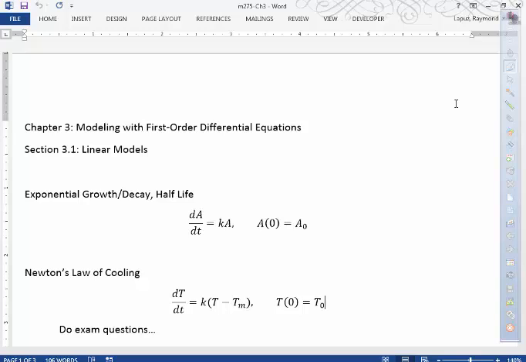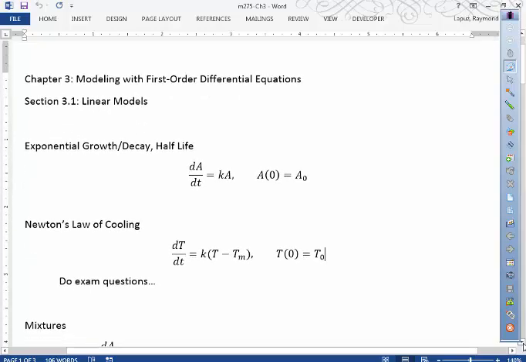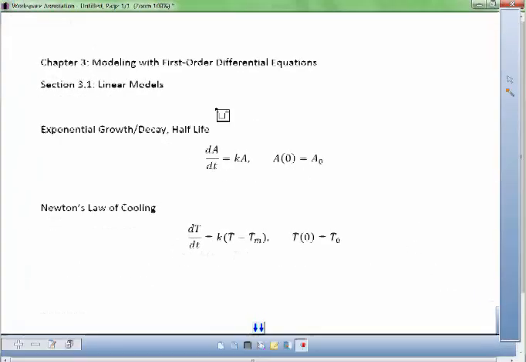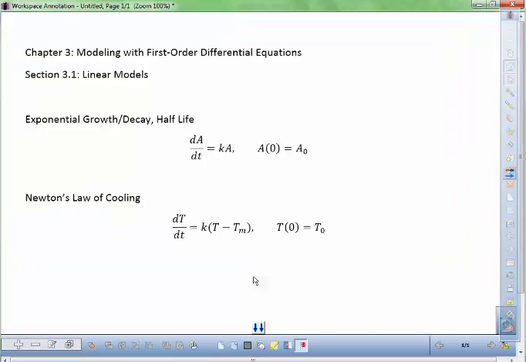And so they had chapter 3 to be this idea of being able to solve differential equations. So here's the beginning parts where they're all involving exponential functions.